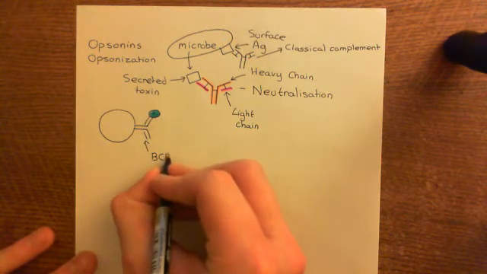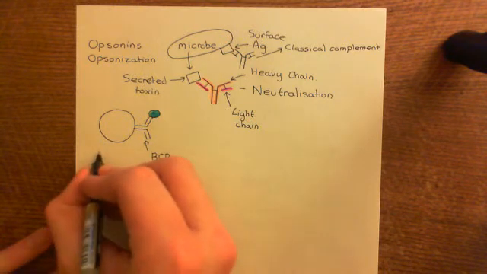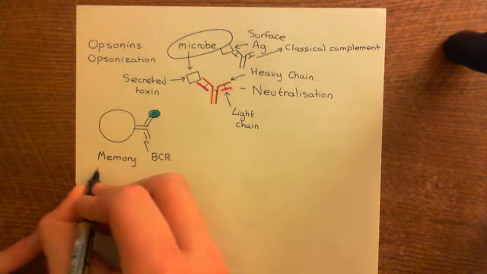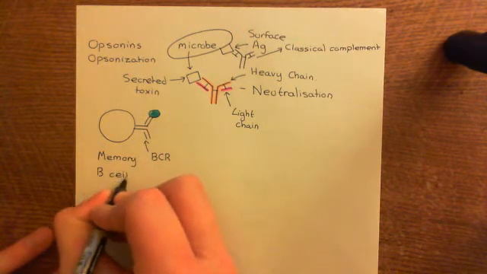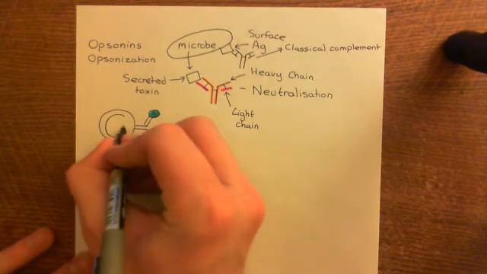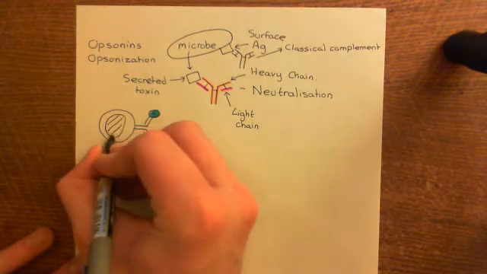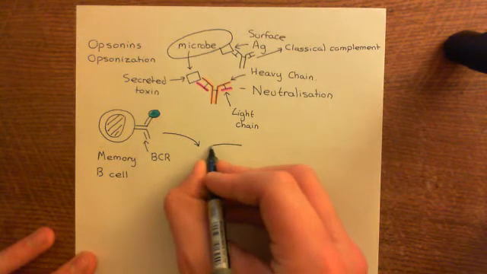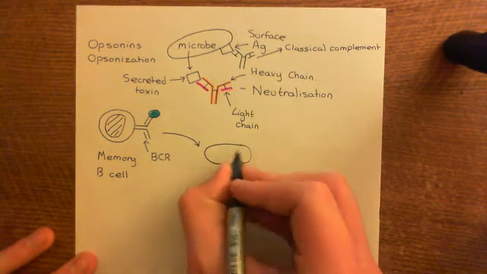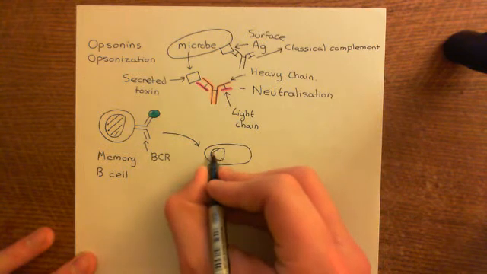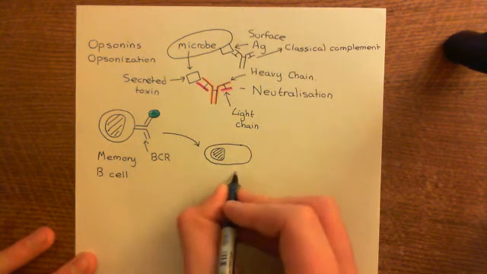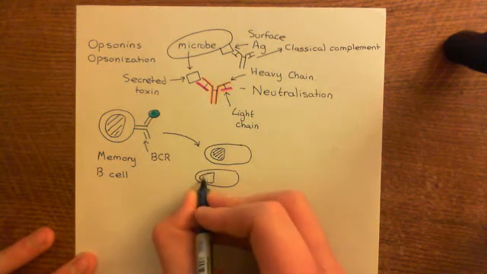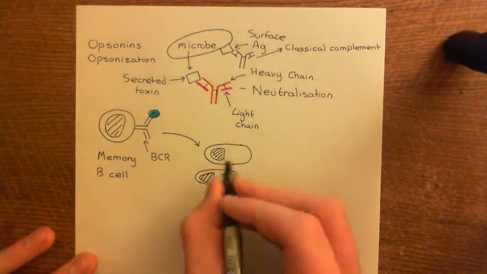What will happen now is that this memory B cell will instantly be activated. It doesn't need to go through any of that faff that we went through before involving the T helper 2 cells. Instead, it will just divide and differentiate into a huge number of plasma cells. Here's one plasma cell, but it's going to form loads of them, which will instantly start producing antibody against that pathogen again.